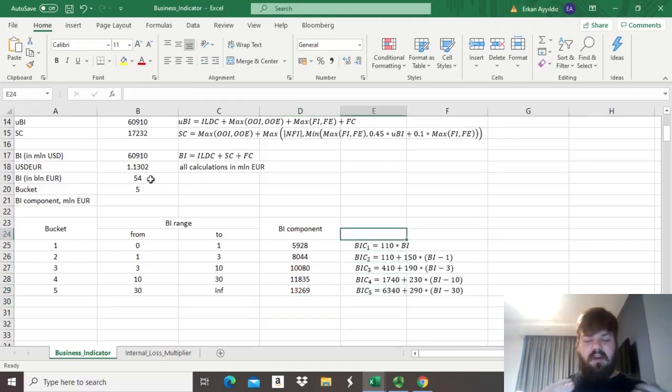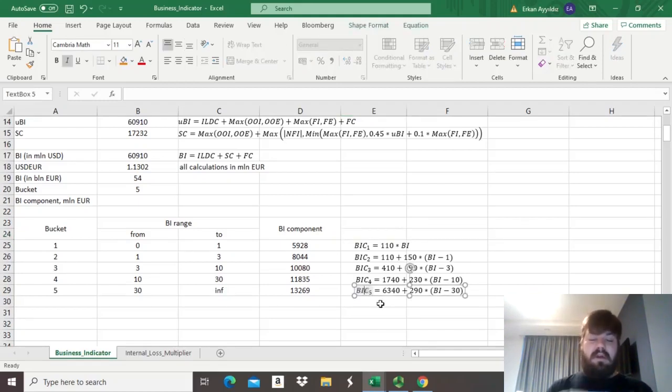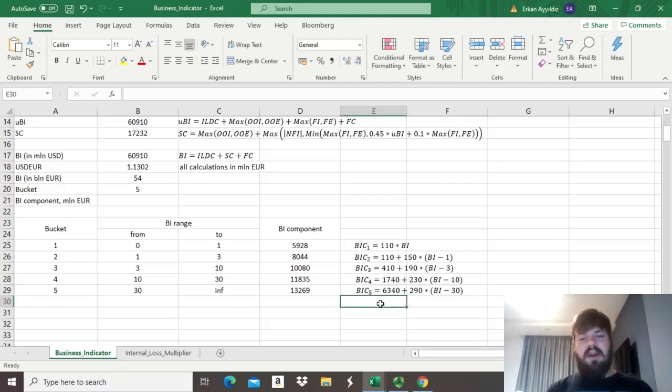And it accommodates for the fact that larger banks can generate very high, unexpectedly high losses. So per each billion of the business indicator that you expand further from a certain threshold, you have to increase your business indicator component, that then contributes to the operational capital risk charge, by a higher amount.